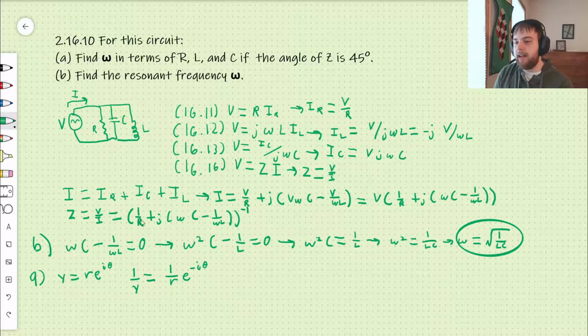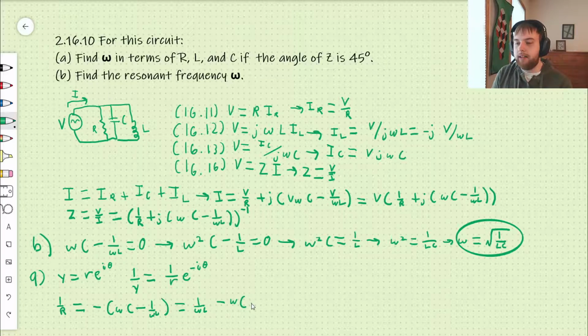Which means that our 1 over r must equal negative omega c minus 1 over omega L, which equals 1 over omega L minus omega c.